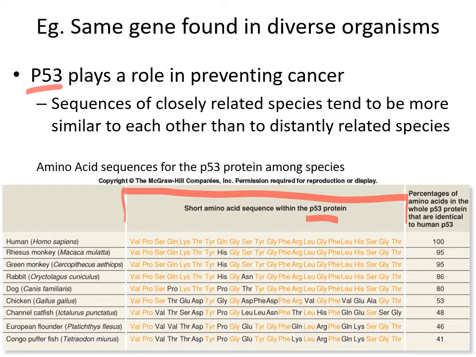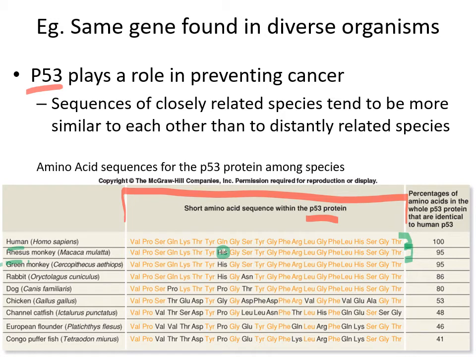When we look at the species here, the sequence for the humans, these little code words are coding for the amino acids. If we compare ours to a rhesus monkey, we can see that it's exactly the same written code. The instructions to make this protein are exactly the same, except there's one change on one of the amino acids.